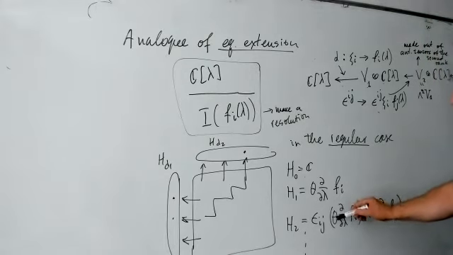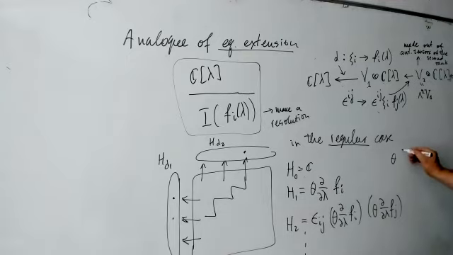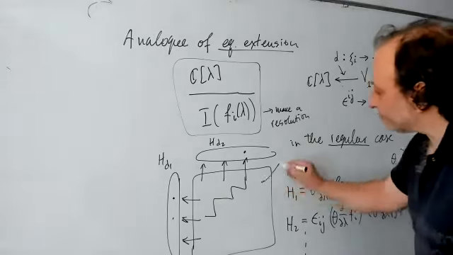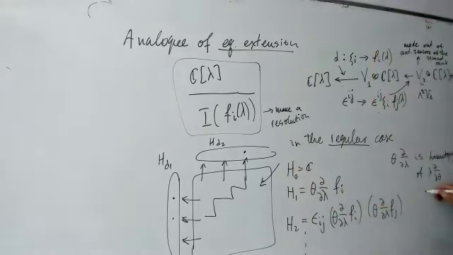Actually, the meaning of this theta d over d lambda is that theta d over d lambda is a homotopy of lambda d over d theta inside the tic-tac-toe box.